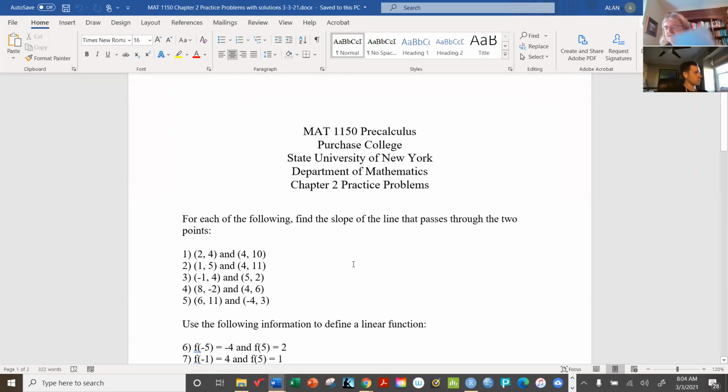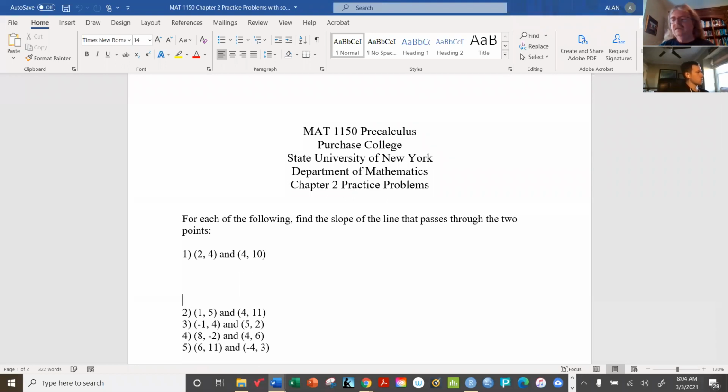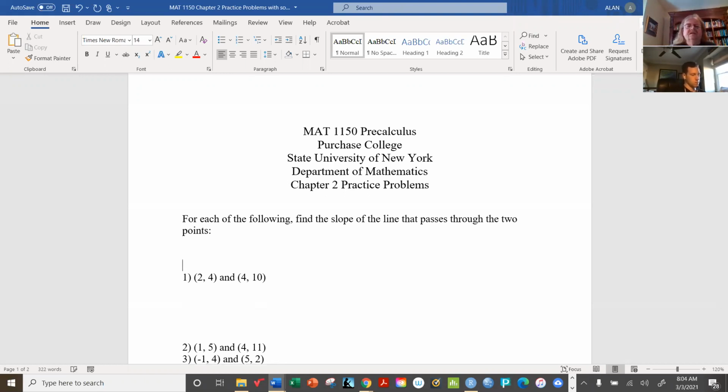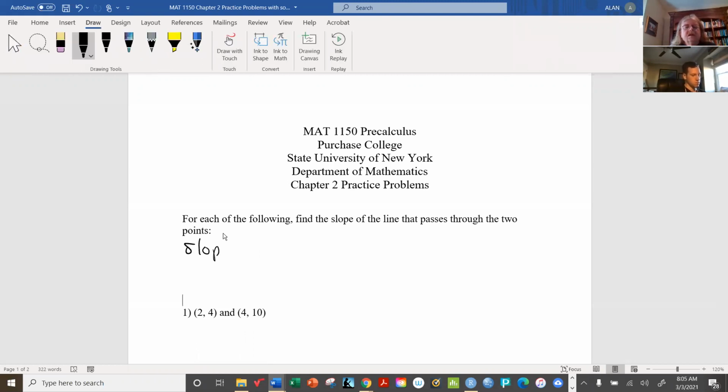So what is this all about? Well, you might recall that the slope of a line is formally defined as, let's write it up here somewhere. The slope can be thought of as delta y over delta x, or we could simply think of that as y2 minus y1 over x2 minus x1.